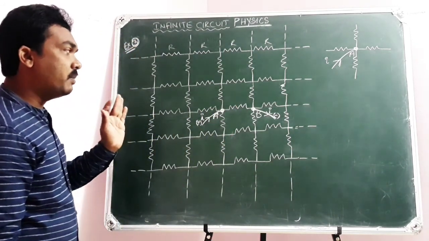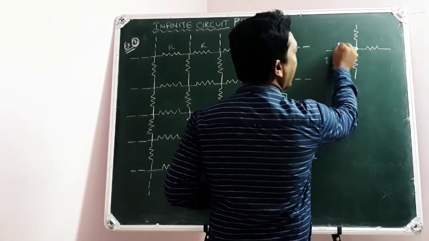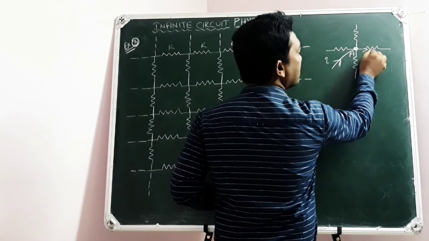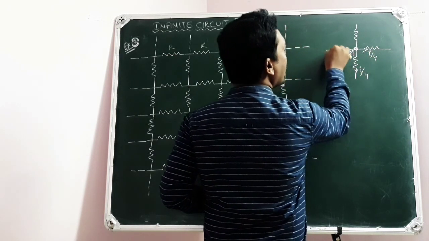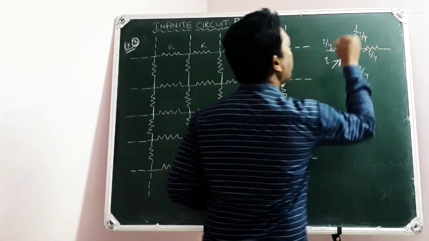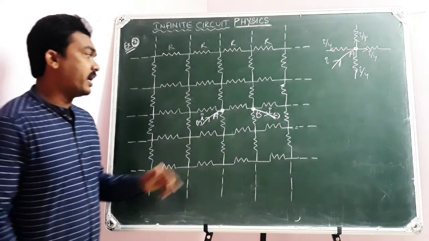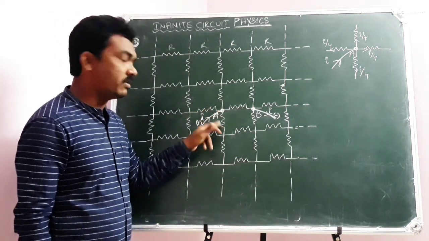All the paths appear to be symmetrical, so as all are identical resistors, I can expect I by 4, I by 4, I by 4 and I by 4. As per the junction law of currents, the current at A can divide as I by 4, I by 4, I by 4, I by 4.